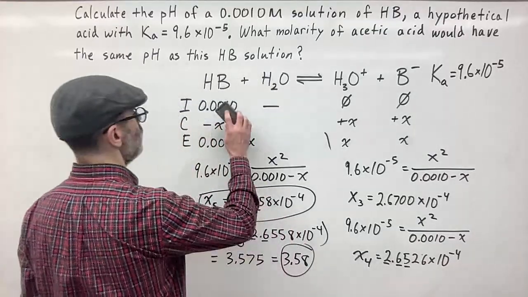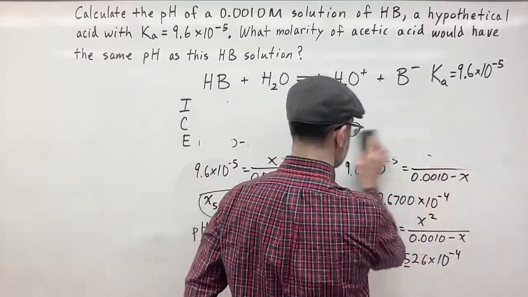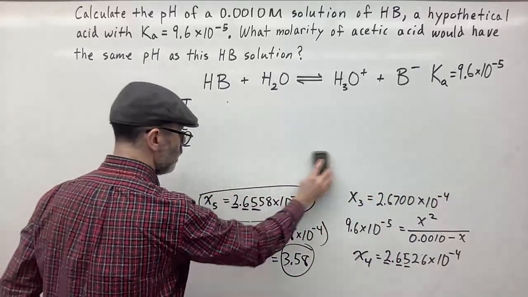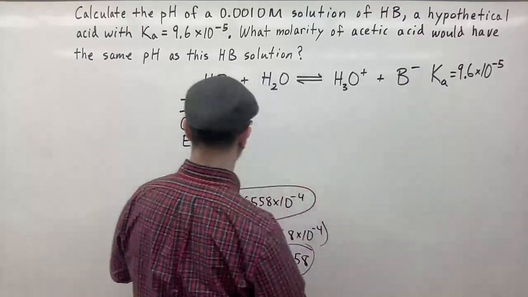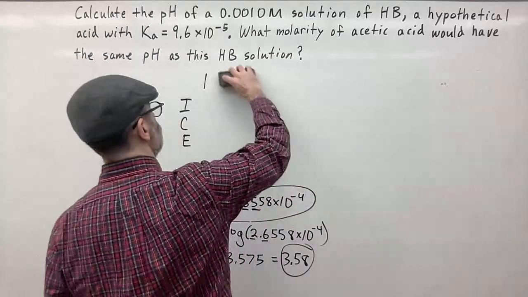So let's go ahead and set that up. So here we'll keep the equation here. And we will keep this, since we need that, erase this. And so here we'll write the acetic acid equation reacting with water.